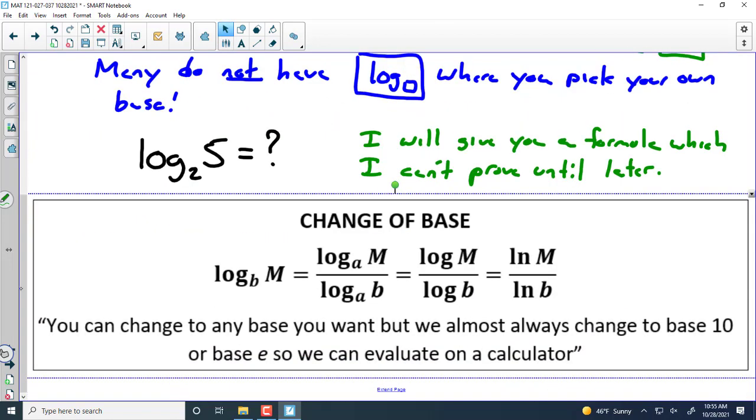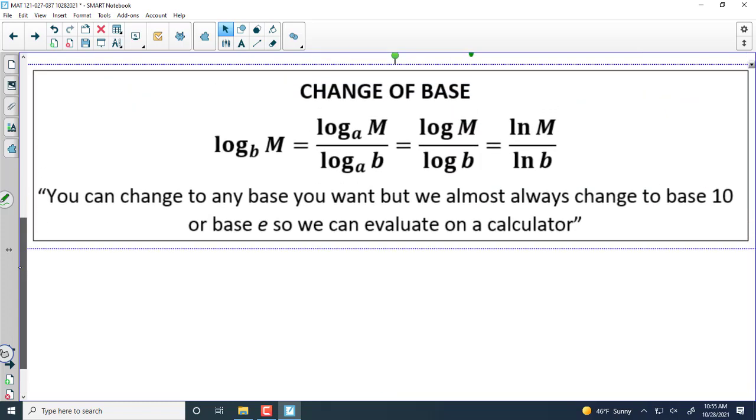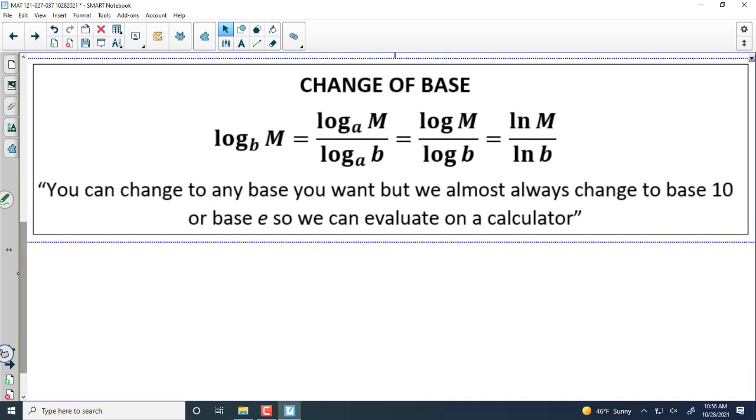It's called the change of base formula, everyone. And what the change of base formula allows us to do is change any base logarithm to any other base that we want. If you look at this, you have a logarithm with some base that you're trying to do, maybe like we do. And what you can do is change it to any base you want.